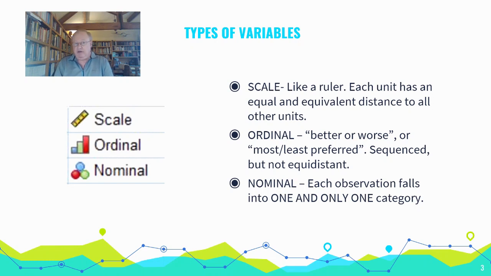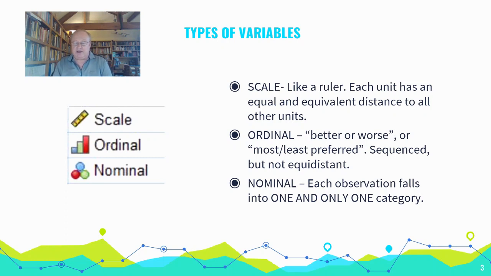So on a ruler that has inches, the distance between 1 and 2 inches is the same as the distance between 11 and 12 inches. To measure 1 inch, it doesn't really matter which bit of the ruler you use. And whether you're using centimetres or inches or whatever other unit of measurement, it is equal and equivalent.